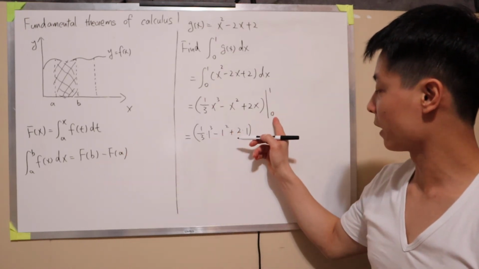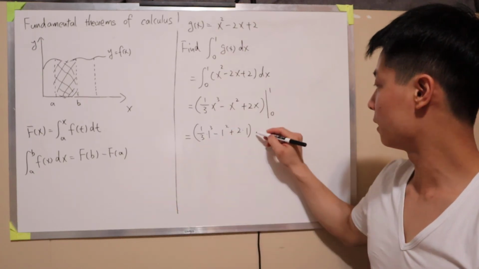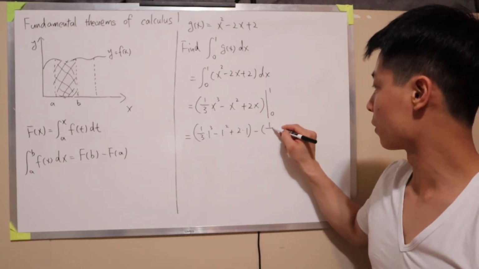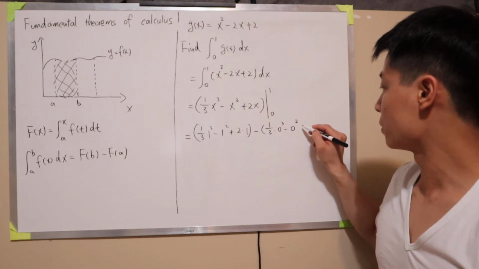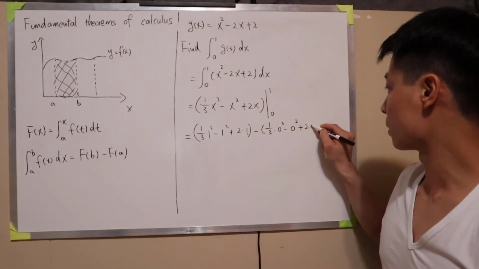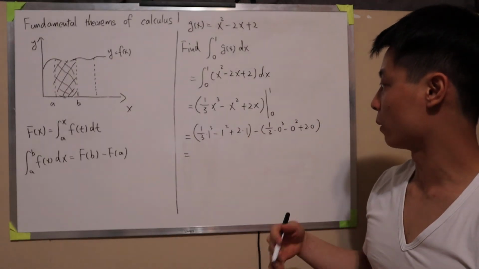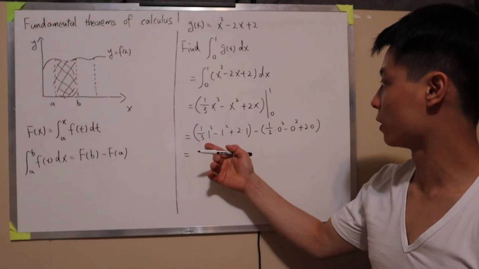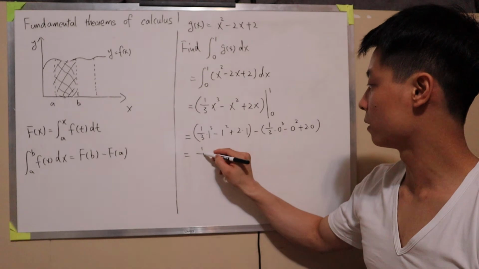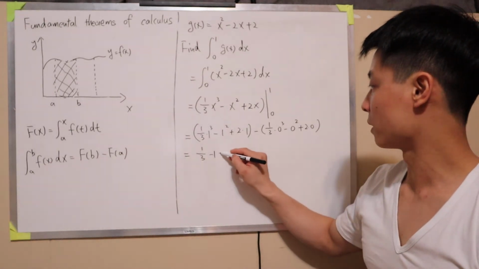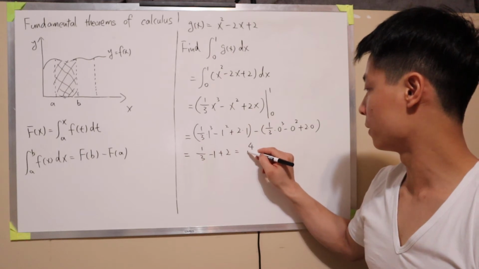And then you're gonna plug in 0 in here, which is gonna be our F of a. So it's 1 over 3 times 0 to the 3, minus 0 squared, plus 2 times 0, which is just 0. So we have our final answer, 1 over 3 minus 1 plus 2, and it's just 4 over 3.